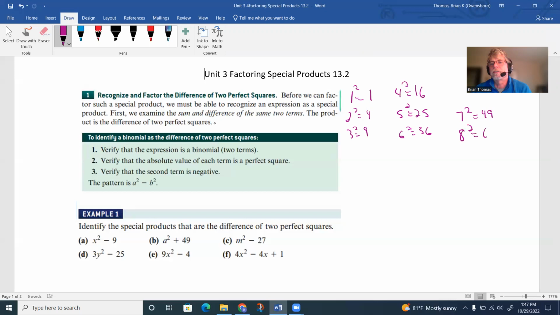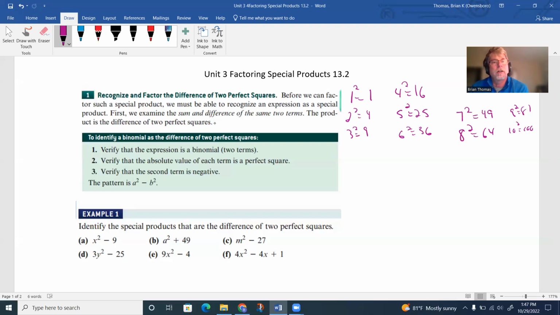Eight squared is 64. 9 squared is 81. 10 squared is 100. These are numbers that, if you're familiar with them, make things a little bit easier. So the 1, the 4, the 9, the 16, the 25, the 36, the 49, the 64, the 81, the 100, those are all examples of what we call perfect squares.